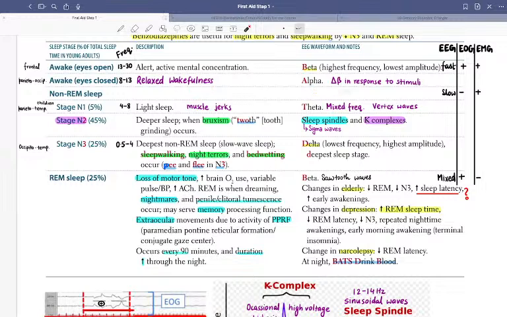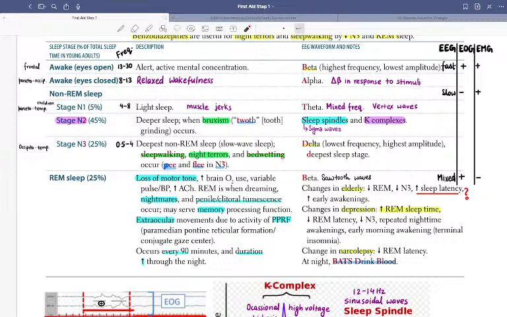When you have eyes open, EEG is fast, EOG is positive, and EMG is also positive. There's electrical activity in all of these in case of awake with eyes open. Next, you have eyes closed, that is alpha.